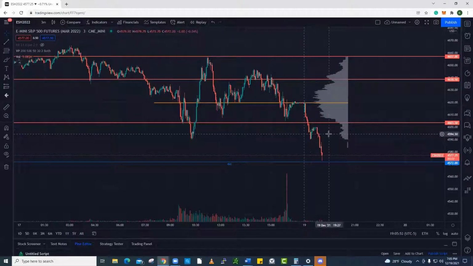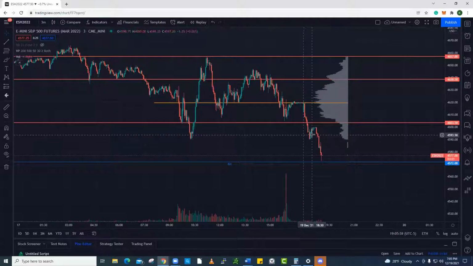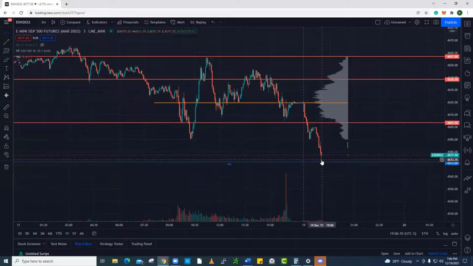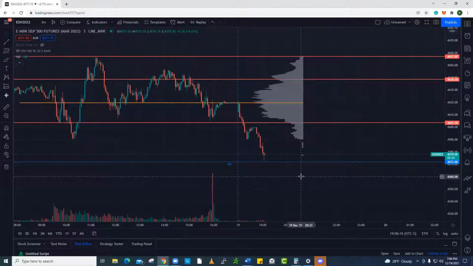As I'm training you, we saw the S&P futures reject here around this volume level, this price level. And guess where it hit? A price level that we were able to call out literally 30 minutes ago. That's how powerful volume is. That's how powerful experience is, and understanding volume and price levels.